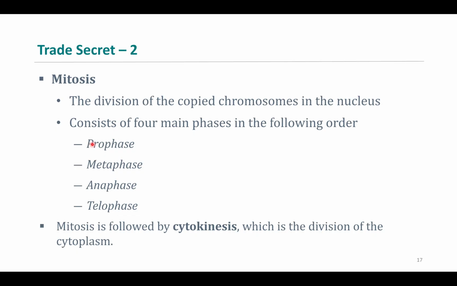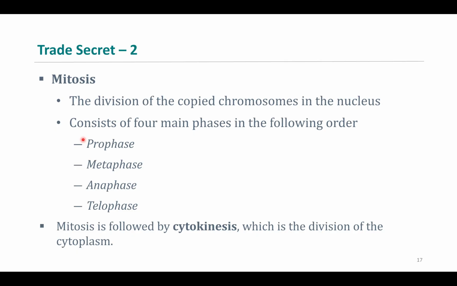During the prophase, the chromosomes become sausage-like structures. They become condensed. Normally in a resting cell, the chromosomes are long thread-like structures.